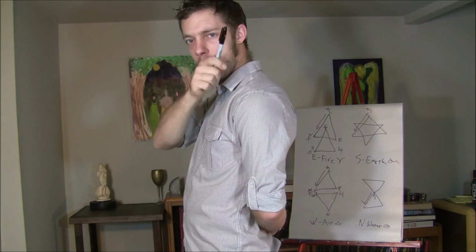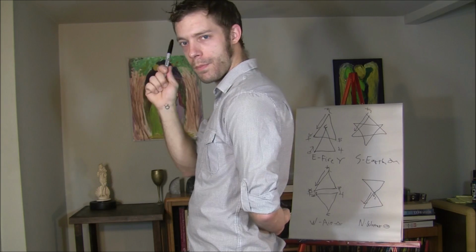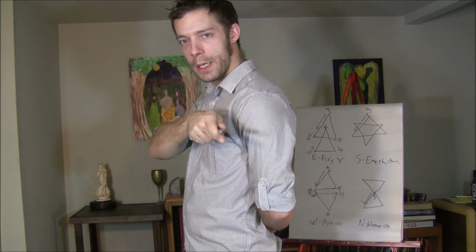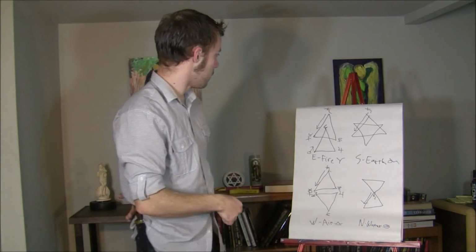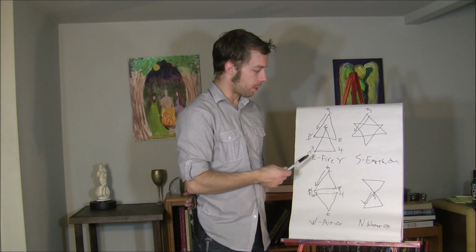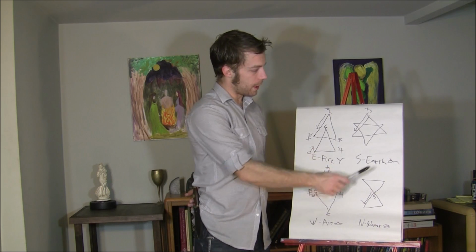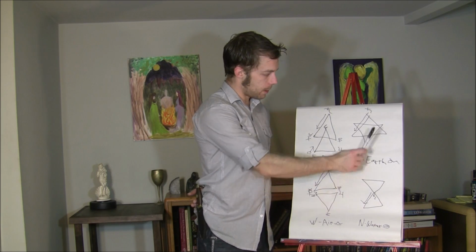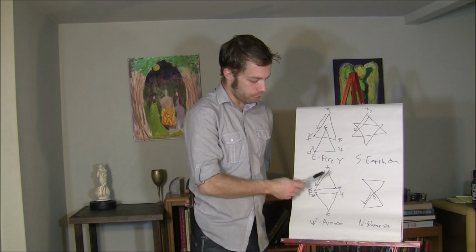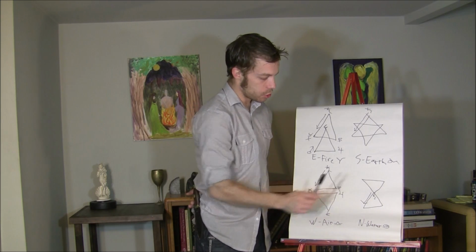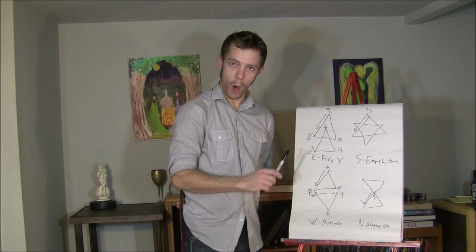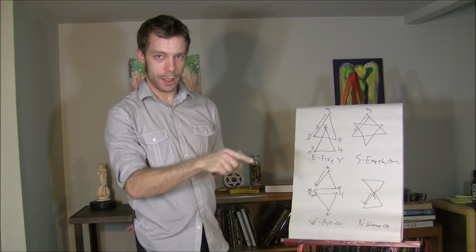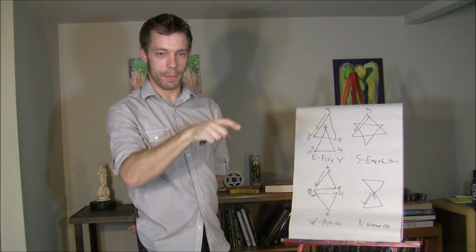West, air. North, water. Aries, Capricorn, Libra, Cancer. Banishing hexagrams. Two upward triangles for fire, balanced triangles for earth, separating triangles for air, conjoining triangles for water. Saturn point counterclockwise to banish.